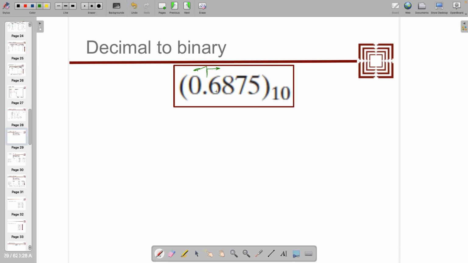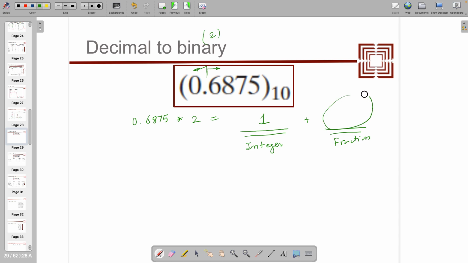I gave one general explanation, however we need to learn it through one example. So in that case, 0.6875 in decimal, you need to convert it to binary. You need to multiply that number with the base, 2. So multiply by 2. You might have some integer part and some fraction part. Definitely we will have some integer 1, and the rest of the part is coming here.